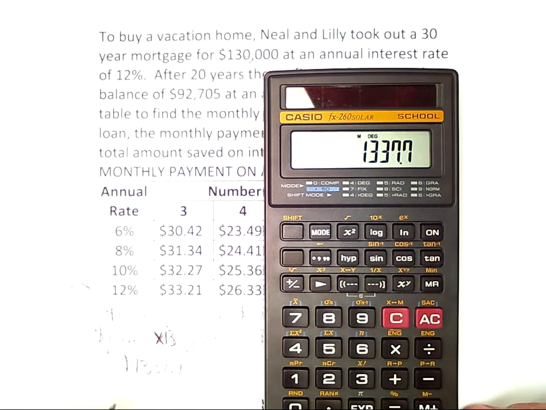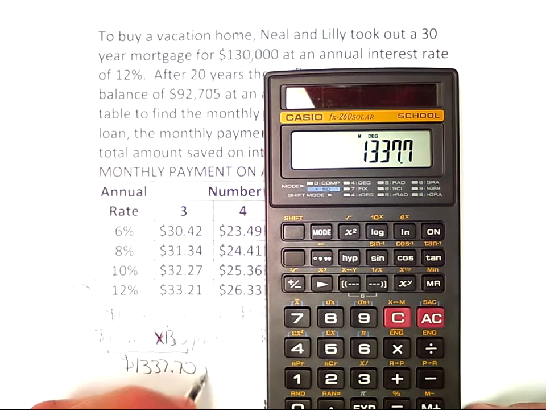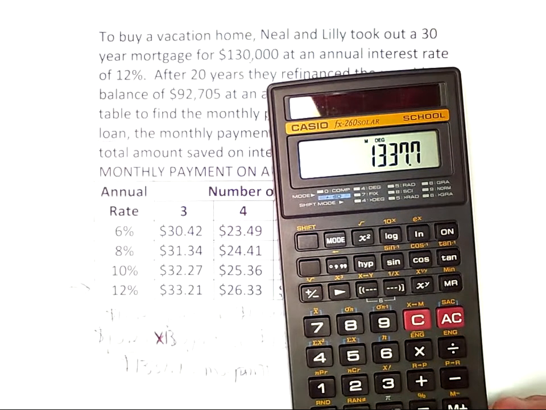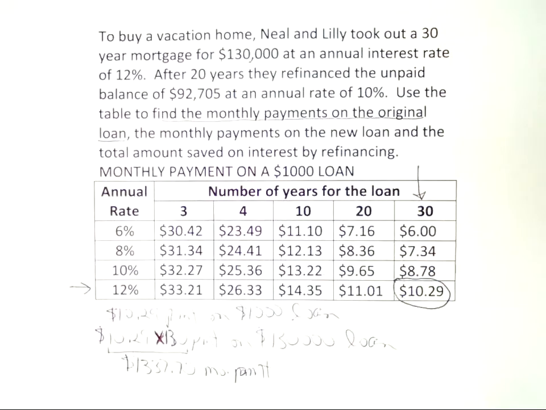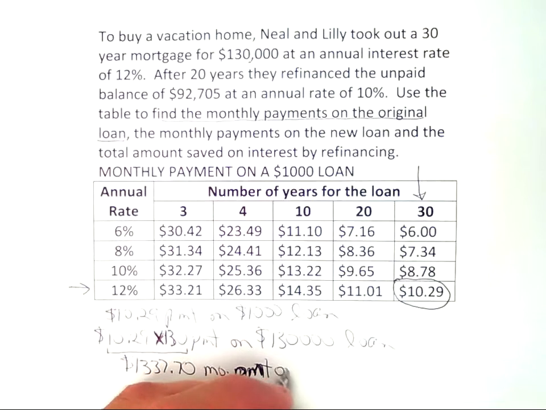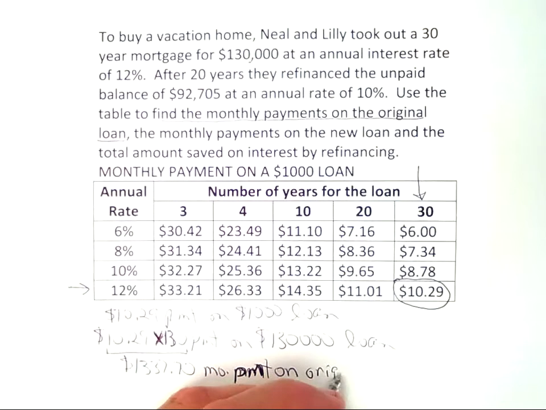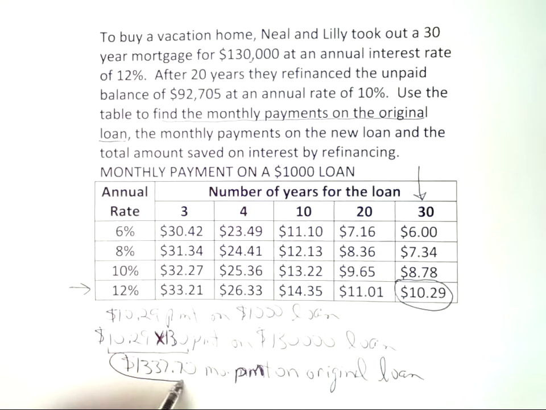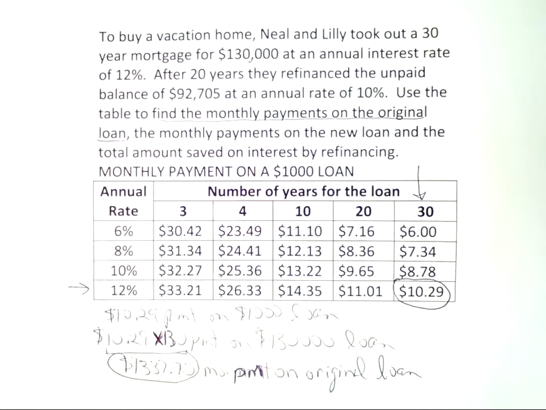So that would be the monthly payment that they asked for. They said to find the monthly payment on the original loan. Okay, that's the first thing they asked us to do.